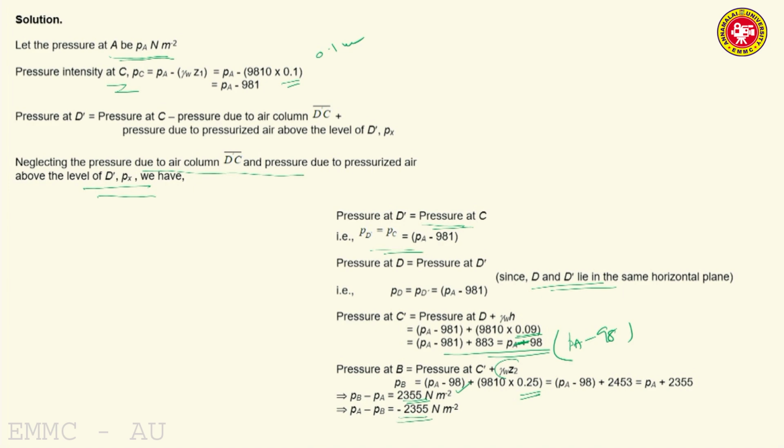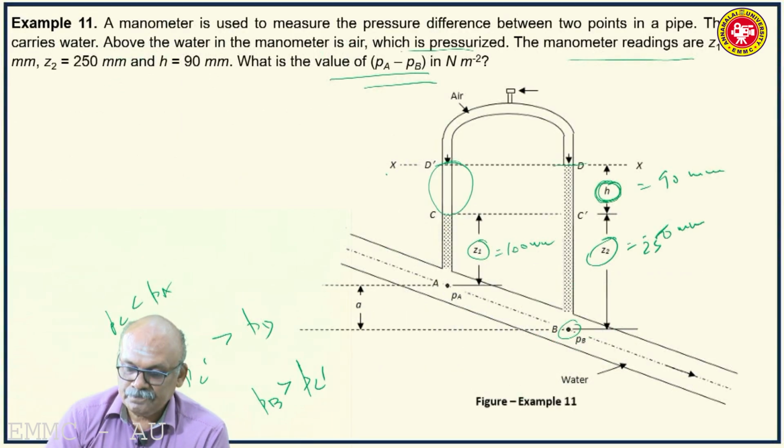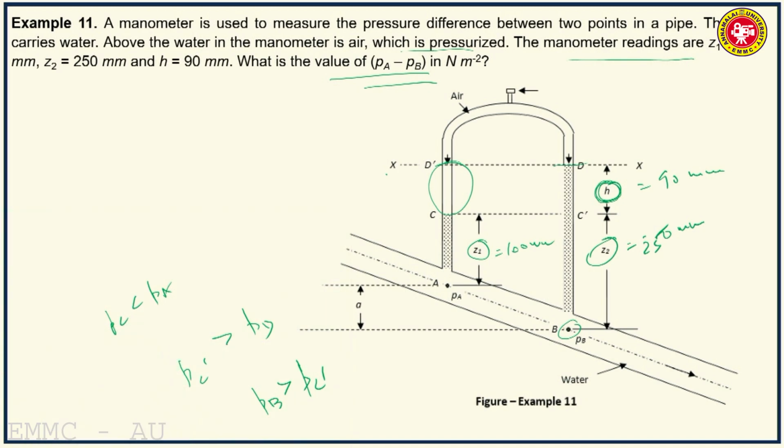So, if you get PA minus PB equal to negative sign, what this indicates? We assume that the flow direction is from A to B. It is not like that. In fact, the pressure at A is lower than pressure at B. That means the flow direction assumed is wrong. In fact, the correct flow direction is this one.